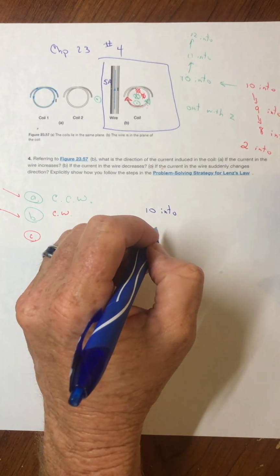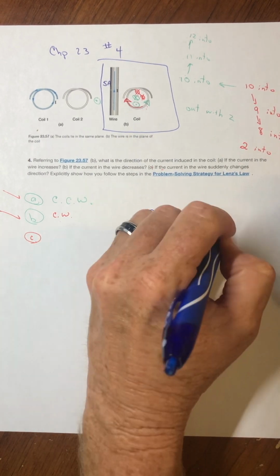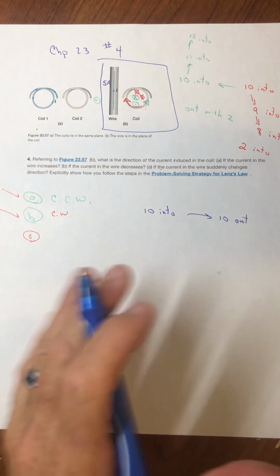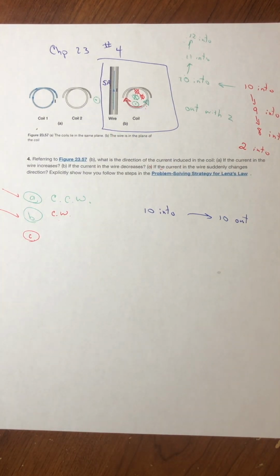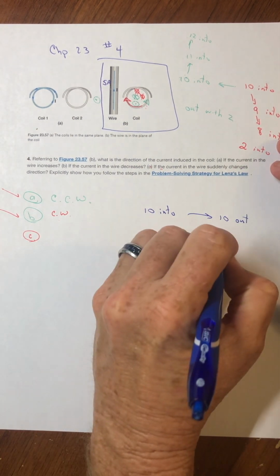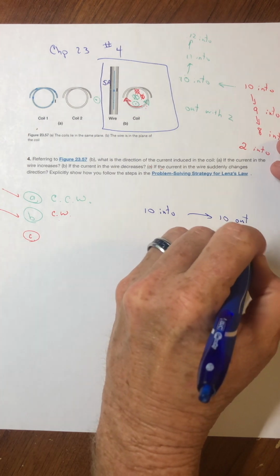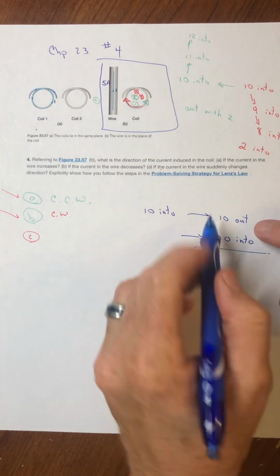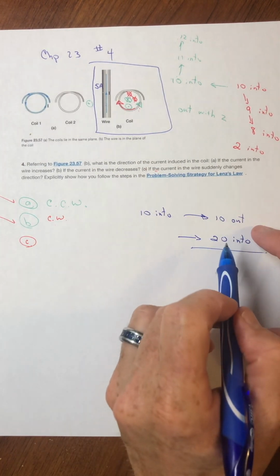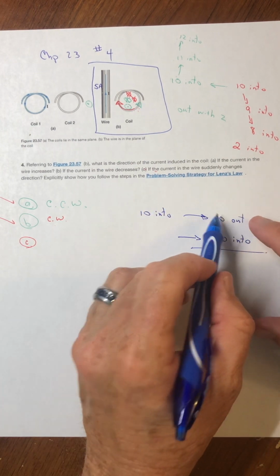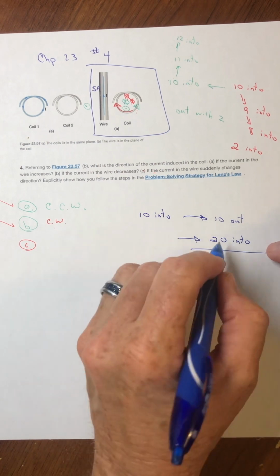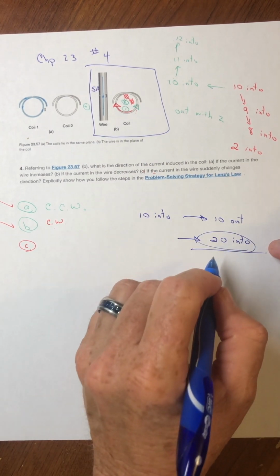All of a sudden, we'll go from 10 into to 10 out. But again, it wants to go back to where it was, which was 10 into. And so the secondary would make a 20 into, so that when you have the flux from the primary, which was 10 into and now is 10 out, to get a total of 10 into, the secondary must give 20 into.